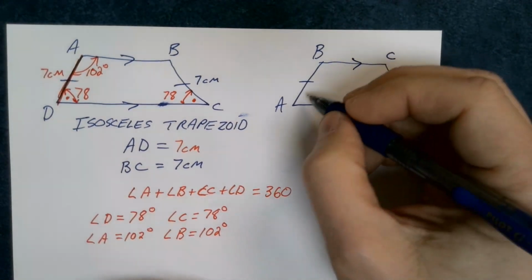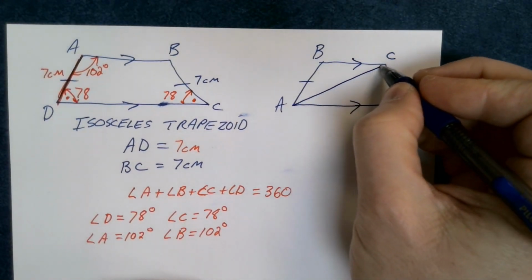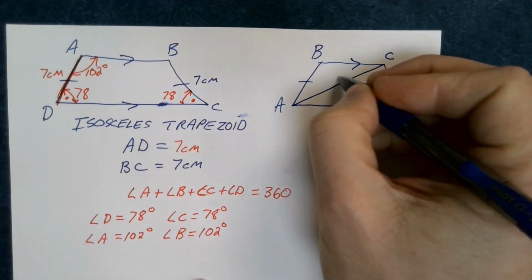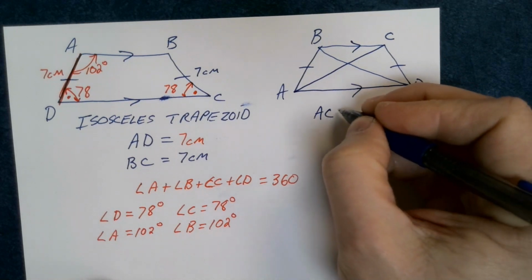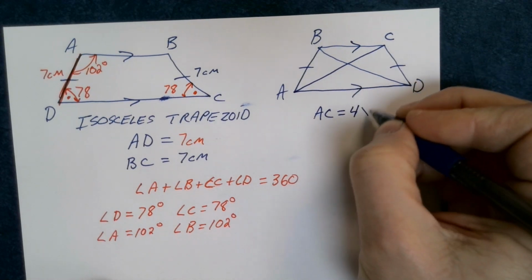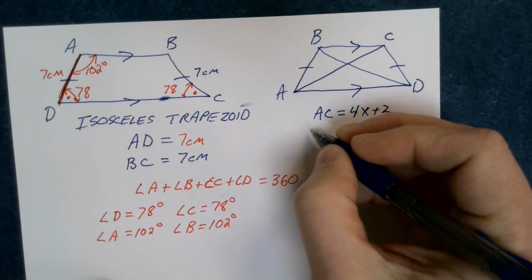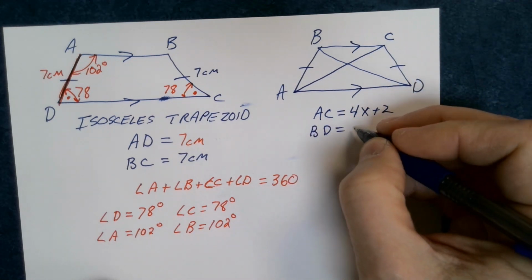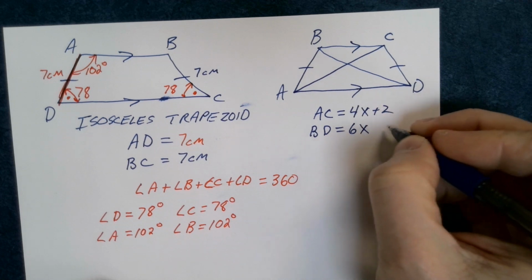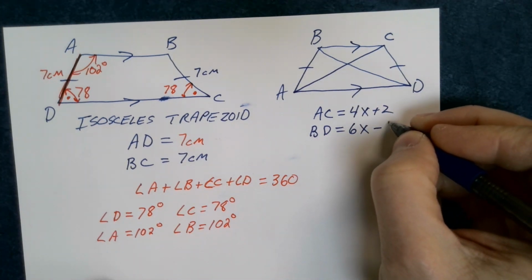And then we had this drawn in the picture. Good deal. And then there were statements that said AC equals 4x plus 2, and BD equals, well, let's say 6x minus 16.